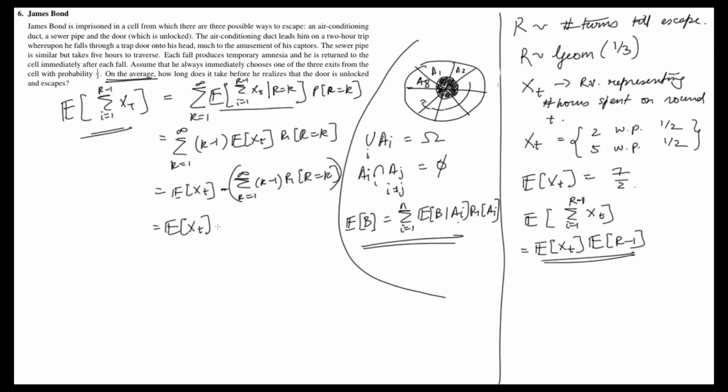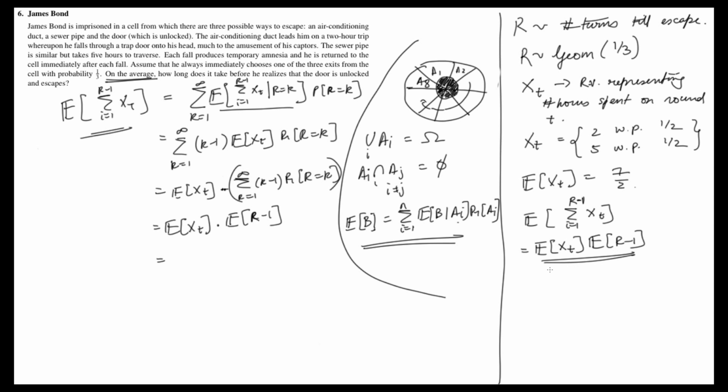This expression is exactly the expectation of R minus 1, because it is the summation over all cases of k minus 1 times the probability of R being equal to that k. So this is exactly the expectation of the random variable R minus 1.